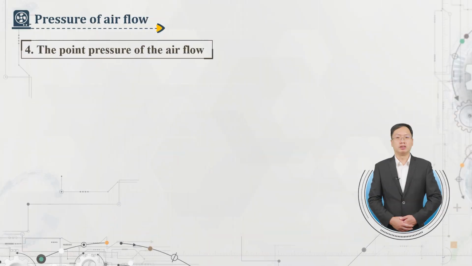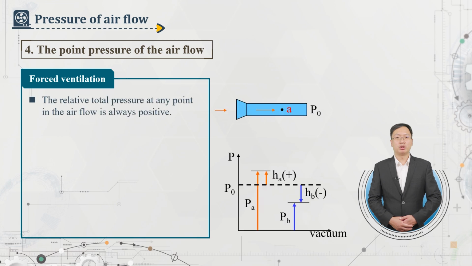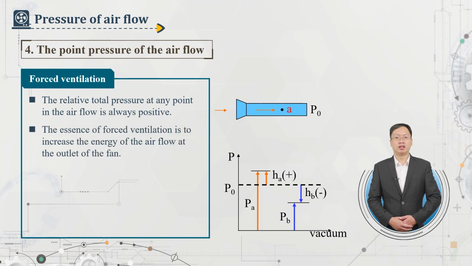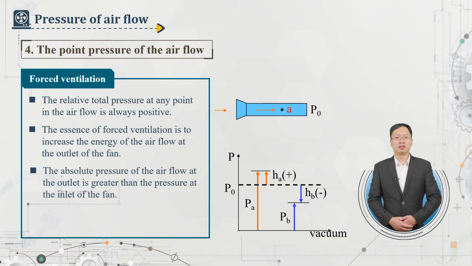Forced ventilation. The relative total pressure at any point in the airflow is always positive. The essence of forced ventilation is to increase the energy of the airflow at the outlet of the fan, and the absolute pressure of the airflow at the outlet is greater than the pressure at the inlet of the fan.